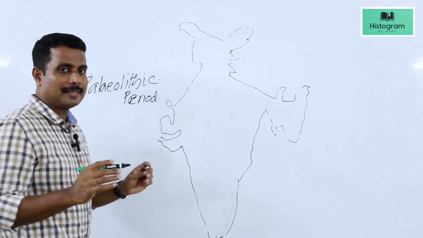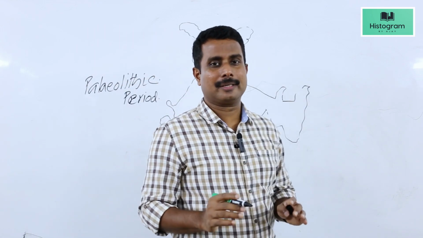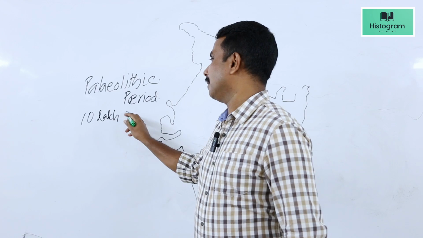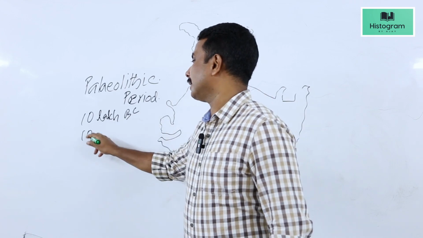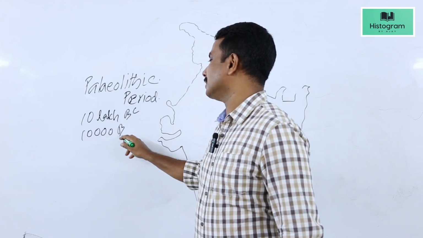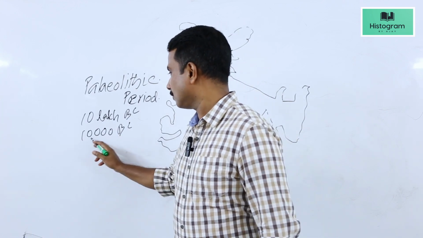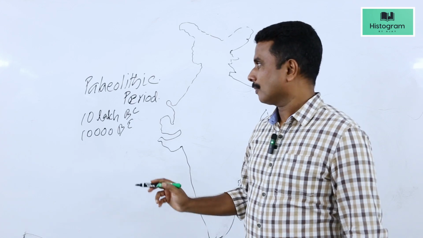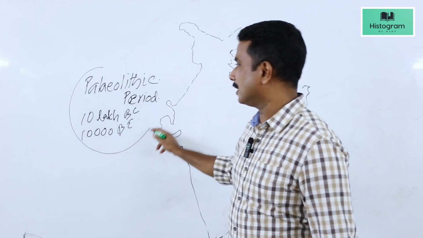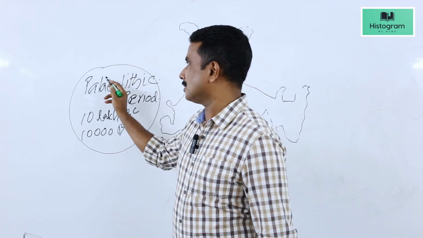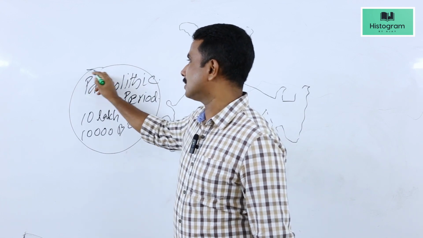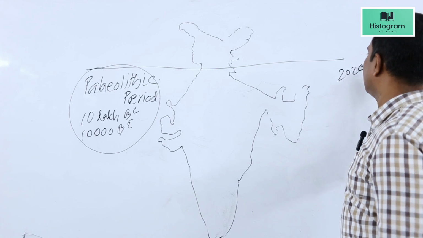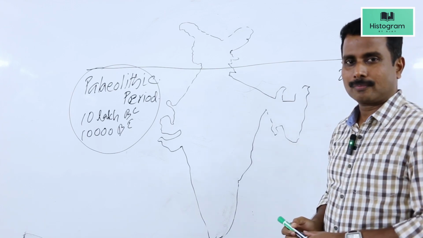This is the earliest stage in human history, dating back to 10 lakh BC to 10,000 BC. This is the earliest stage in human past, and we are going to discuss Indian history from the Paleolithic stage to the year 2024.